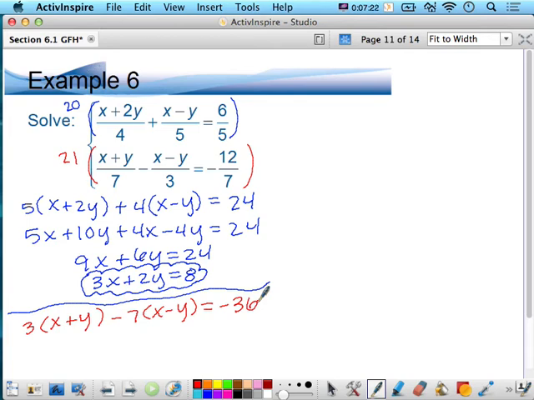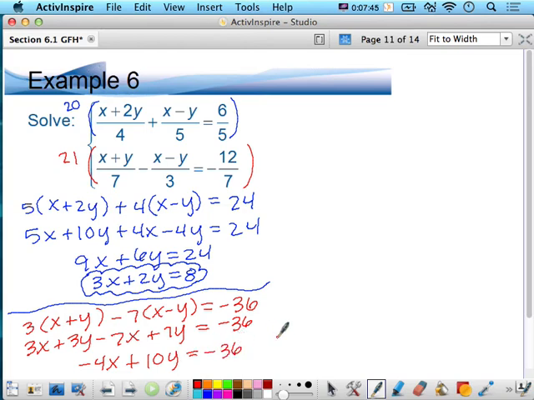All right, let's distribute. We have 3x plus 3y minus 7x plus 7y has to be equal to negative 36. And that tallies up to negative 4x plus 10y has to equal negative 36.